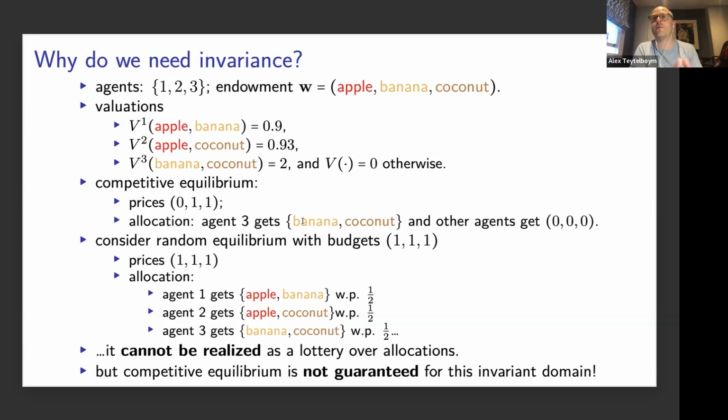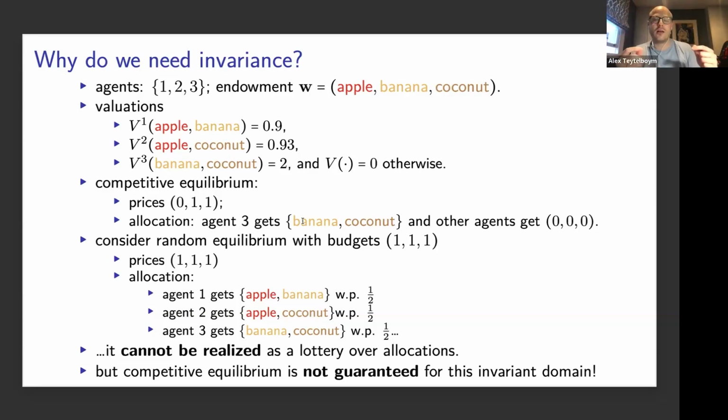So he gave you an example in which agents valued the bundles, I think, at 4, 4, and 4, for example. Because a competitive equilibrium is not guaranteed for this domain, you cannot guarantee that you'll be able to realize any random equilibrium. And that's why the invariance part really matters.